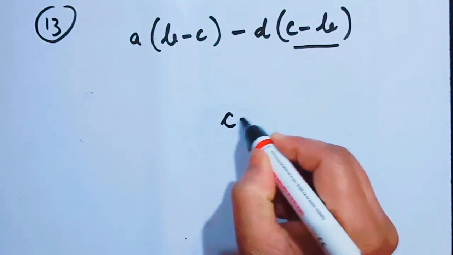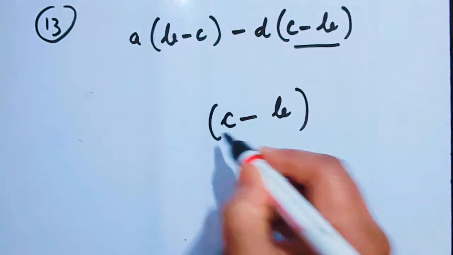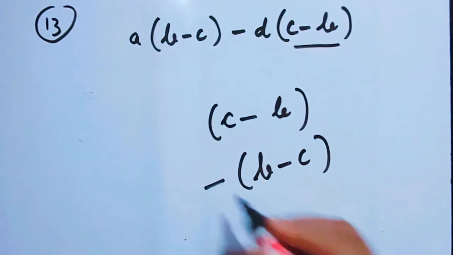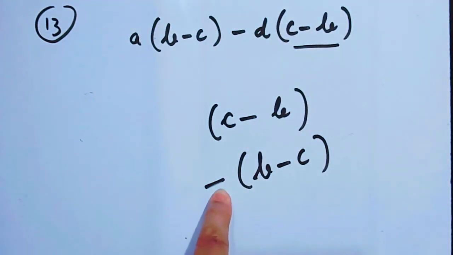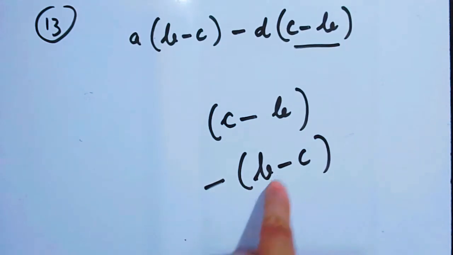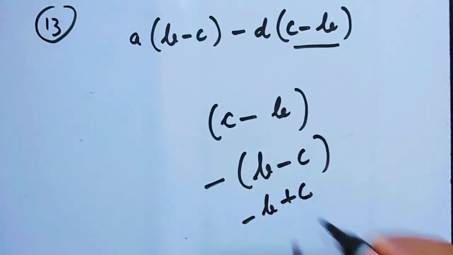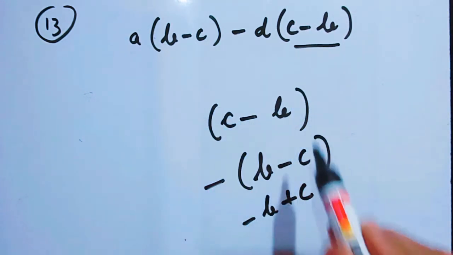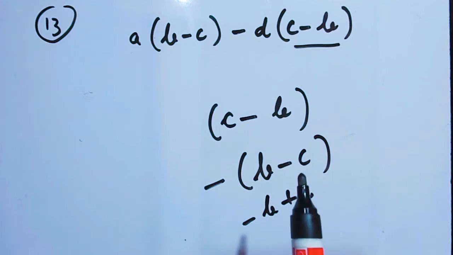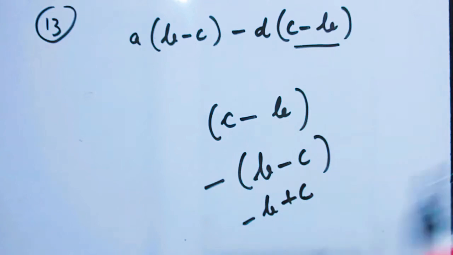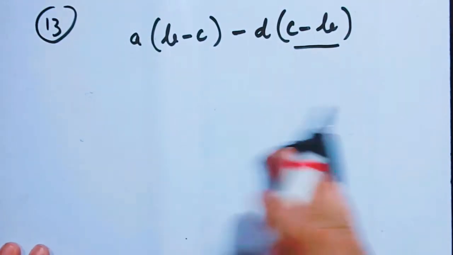So c minus b can easily be converted to b minus c on taking out minus, on putting a minus sign over here. You can see minus b and minus minus plus c. This means minus b plus c. You can see over here c minus b and c minus b. So what I am going to do is I will write b minus c, but I will put a minus sign over here. Let us see.